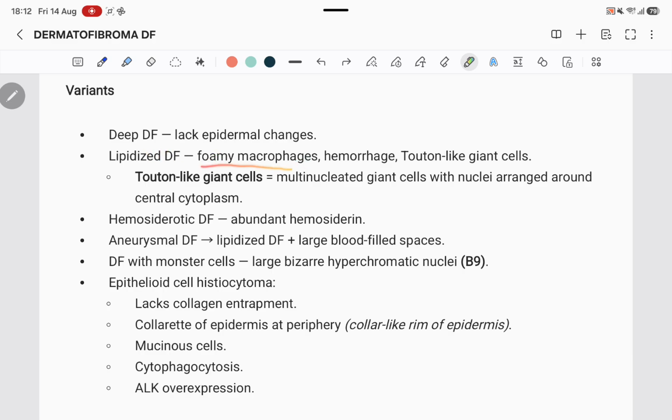Lipidized dermatofibroma has foamy macrophages; you can imagine that there is lipid. Foamy macrophages, hemorrhages, totem-like giant cells, and totem-like giant cells means multinucleated giant cells with nuclei arranged around the central cytoplasm.